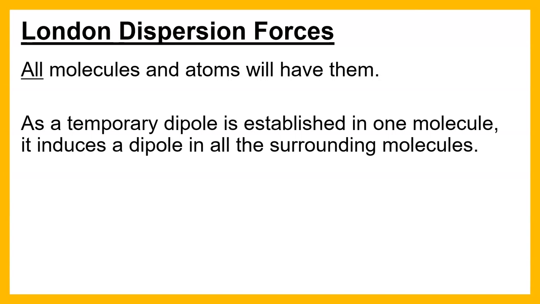The thing is, even though it's weak, even though it's temporary, once one molecule has a little bit of an imbalance, anything near it will end up also getting a little bit of an imbalance. This can be just enough to make something be a liquid. It could be just enough attraction.